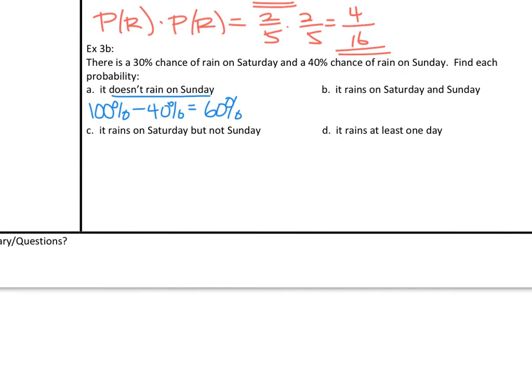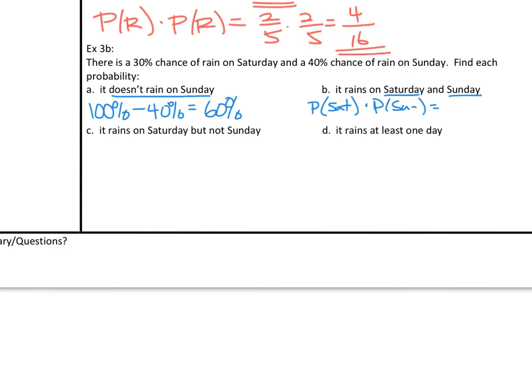What's the probability that it rains on Saturday and Sunday? So those would be our independent events. We want both events to happen. We want the probability that it rains on Saturday, and so I'm going to multiply the probability that it rains on Sunday.